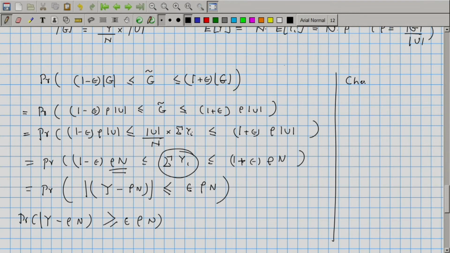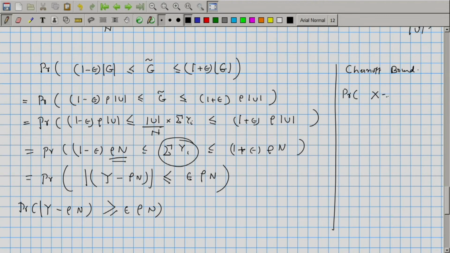So, Chernoff bound says if you sample yi's independently with probability rho, then their sum x will deviate from its expectation by an amount more than delta times mu with probability less than 2 e raised to minus delta square by 3 times mu.